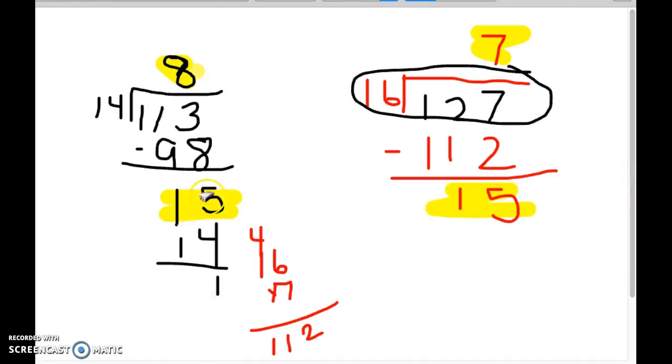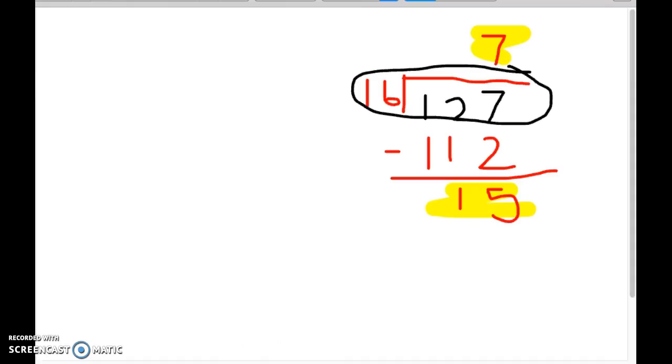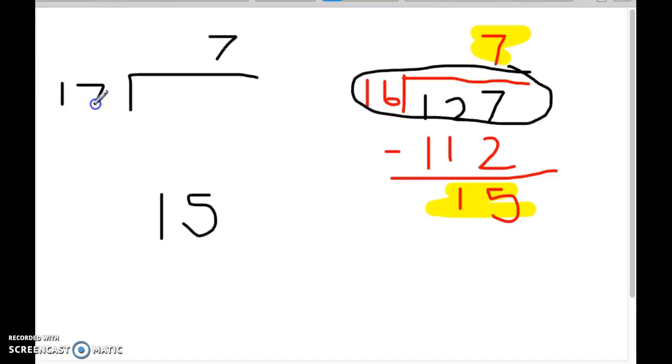So I'm going to take this all off because that doesn't actually work. My answer is not 7 remainder 15. And I'm going to use that same strategy I did before. I want 7. I want a remainder of 15. And I'm going to have to divide by something greater than 15 to have that remainder. I already did 16, so now I'm going to do 17. Well, what is 17 times 7?